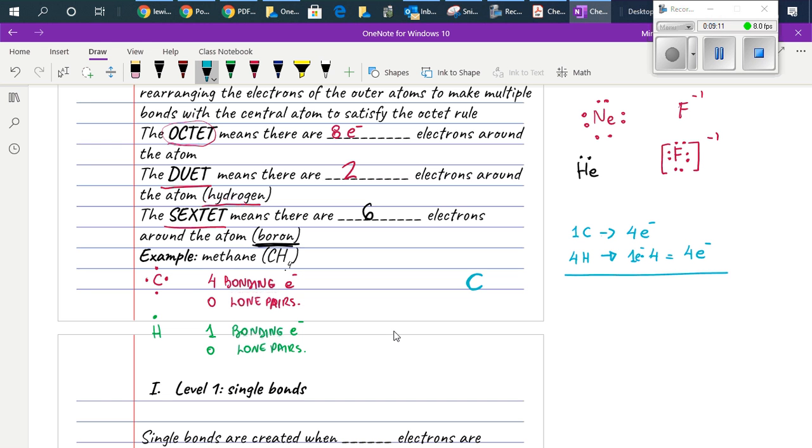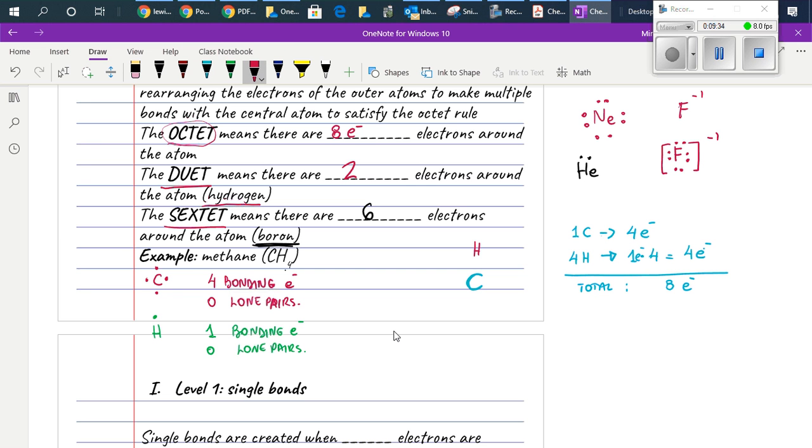And in total, what we will have is 8 electrons. 4 plus 4 is equal to 8 electrons. So let's start then placing those electrons, starting with the central atom and then with the outer atoms.